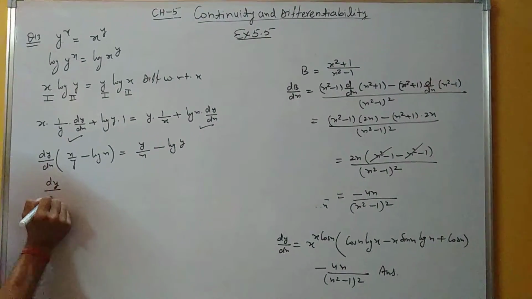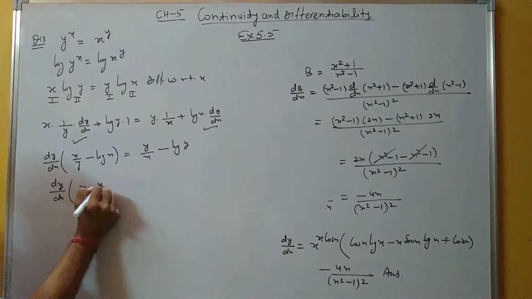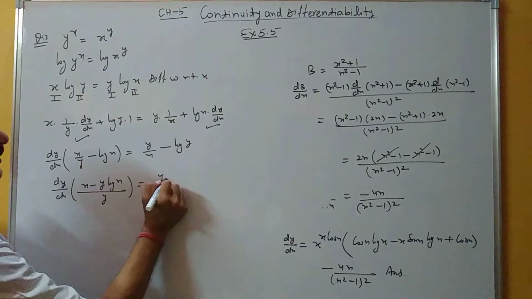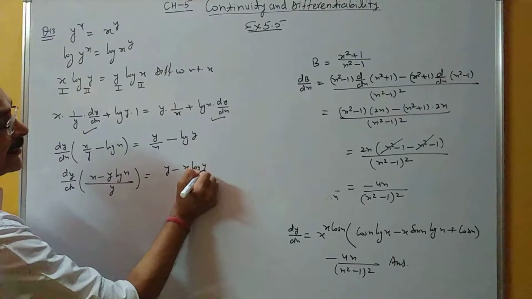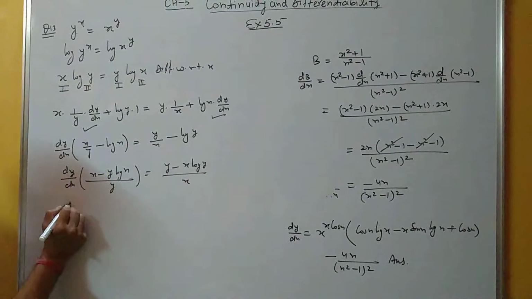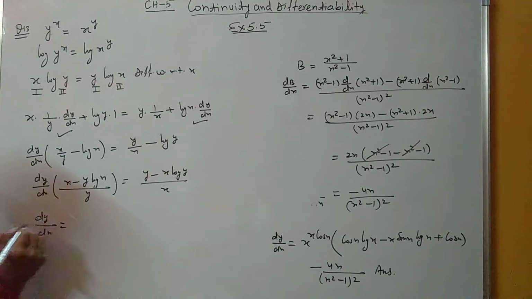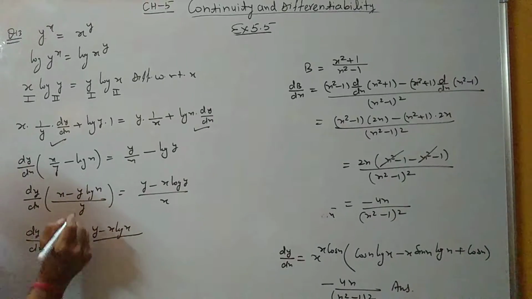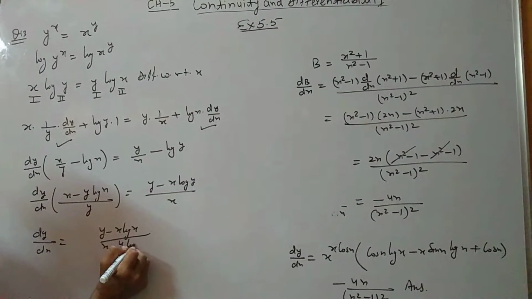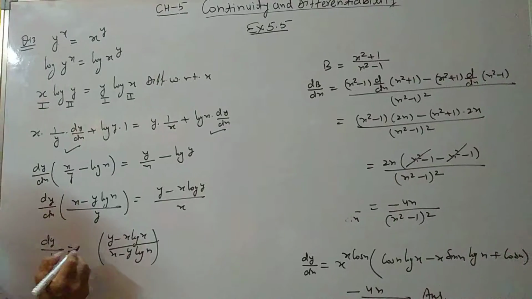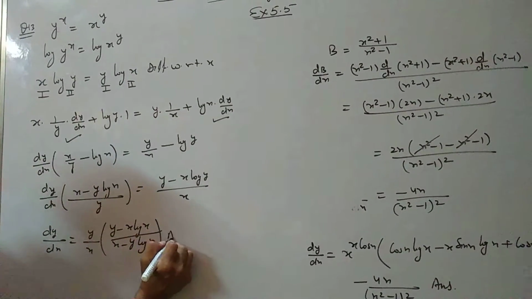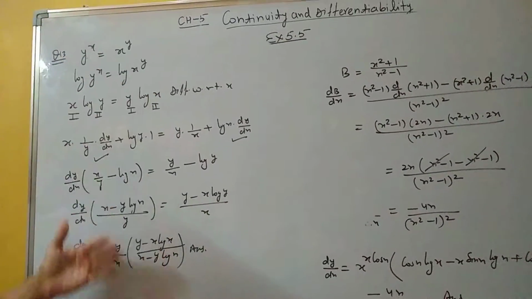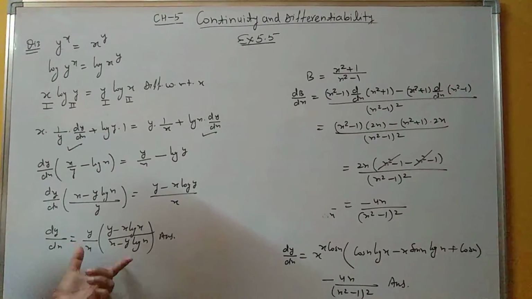Take LCM: dy by dx times (x minus y log x) over y is equal to (y minus x log y) over x, and dy by dx is equal to (y minus x log y) over (x minus y log x) into y upon x. So that is the second type of this exercise, and process is this, and that is your final answer.